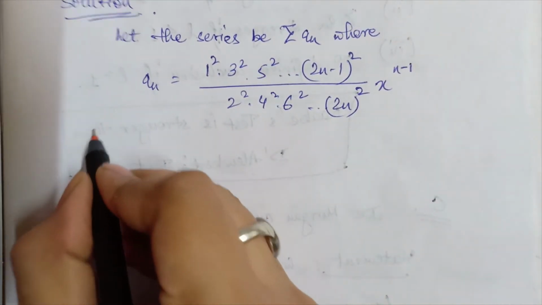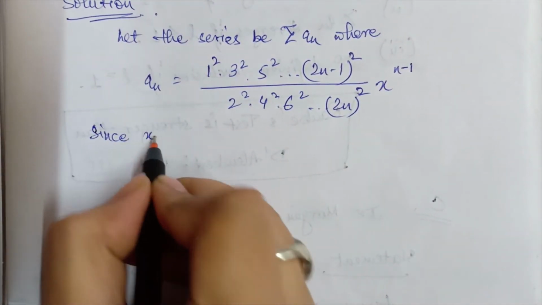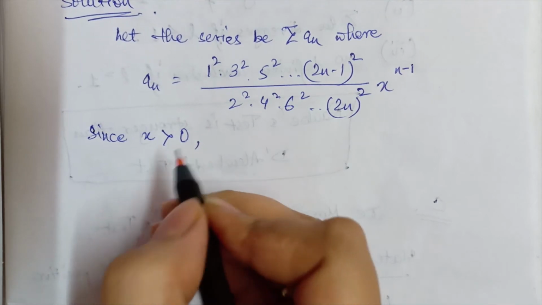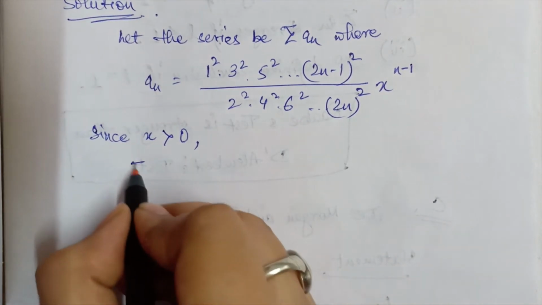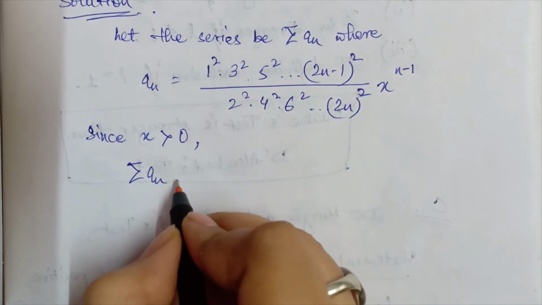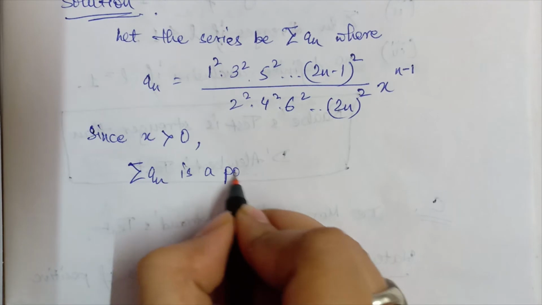Now since we know that x is greater than 0, each term of the series is positive. That is, summation an is a positive series.